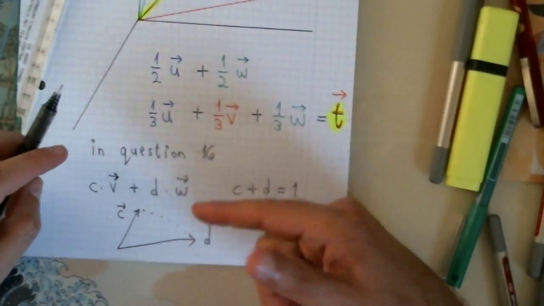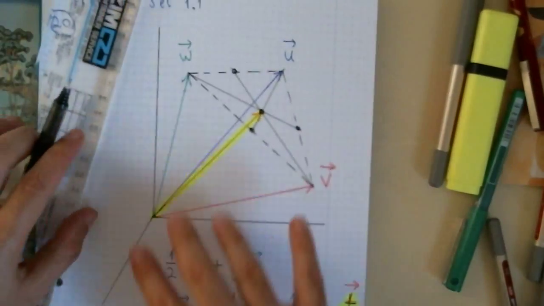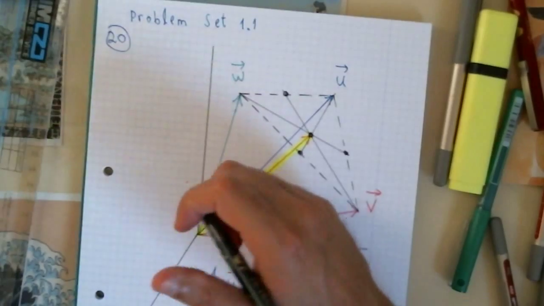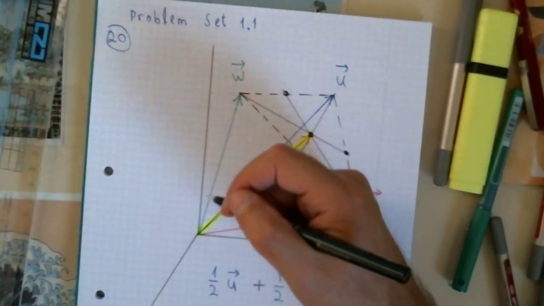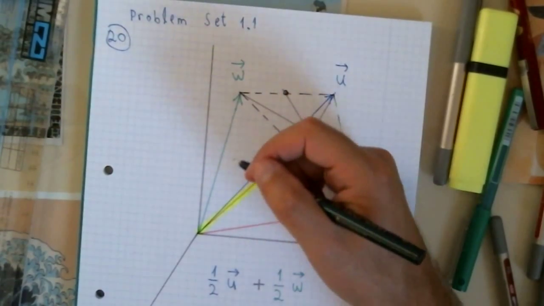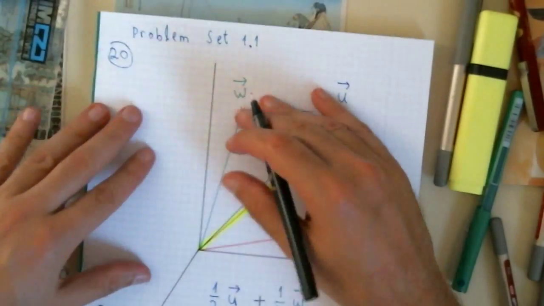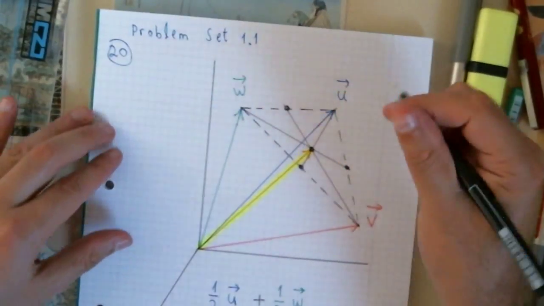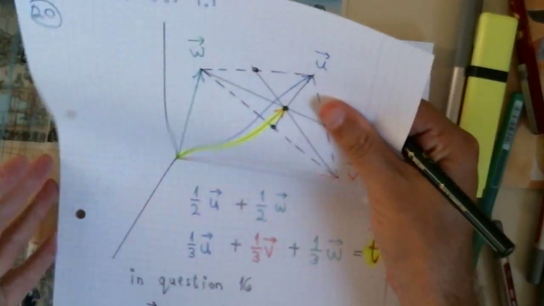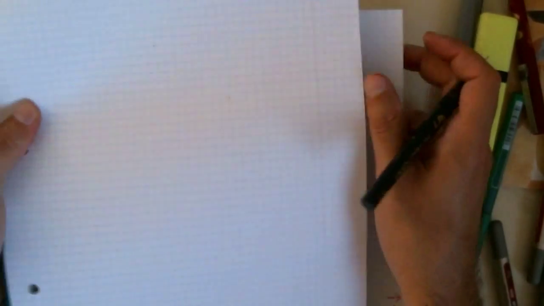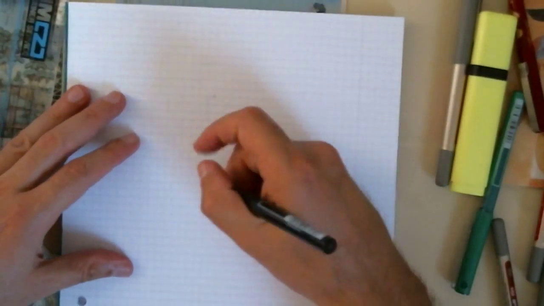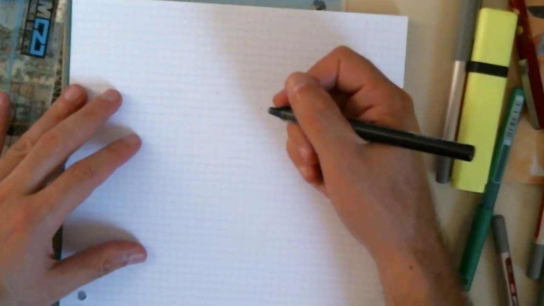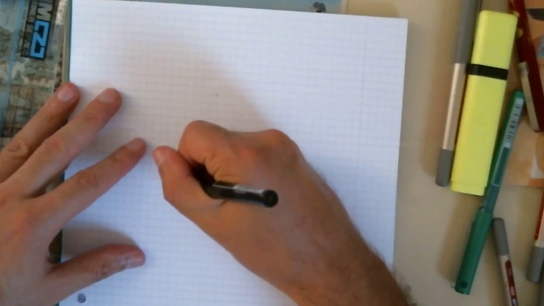Okay, the numbers that multiply, yes, C and D and E. Let's write it in a new page. I'm making a more sloppy drawing now because you understand the principle.